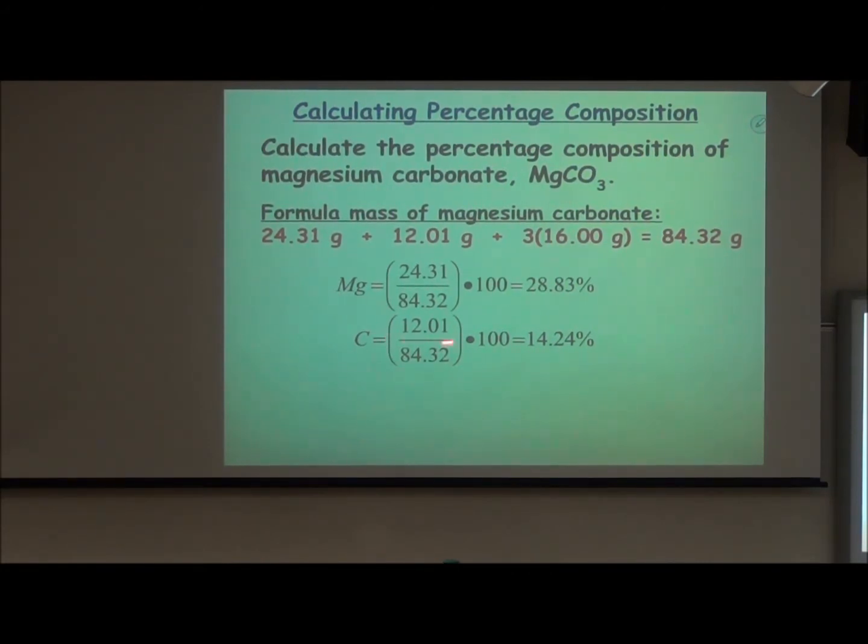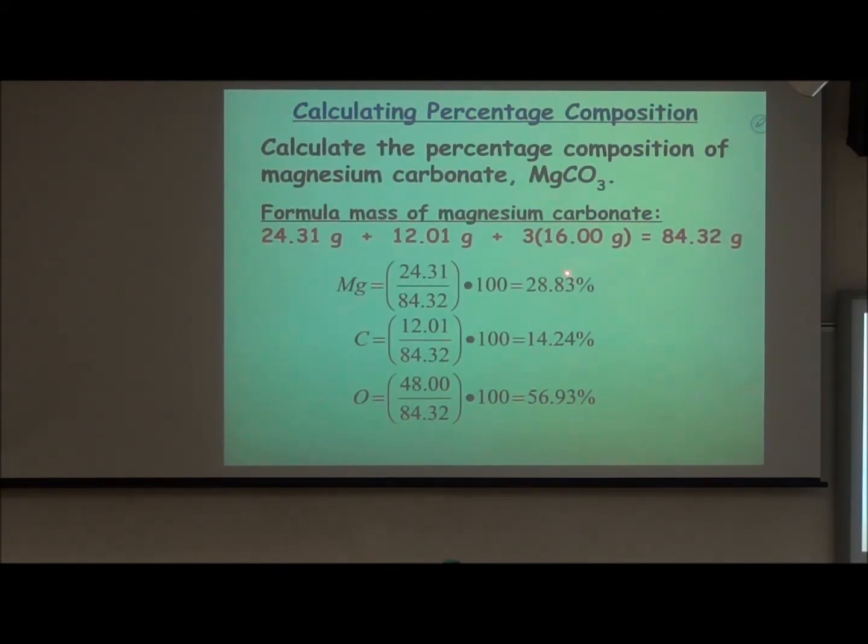So rather than using 12, use 12.01. And then for oxygen, you see that more than half of the mass of magnesium carbonate is from oxygen.